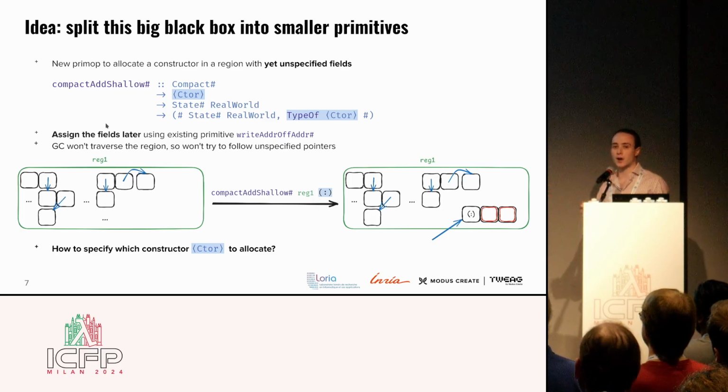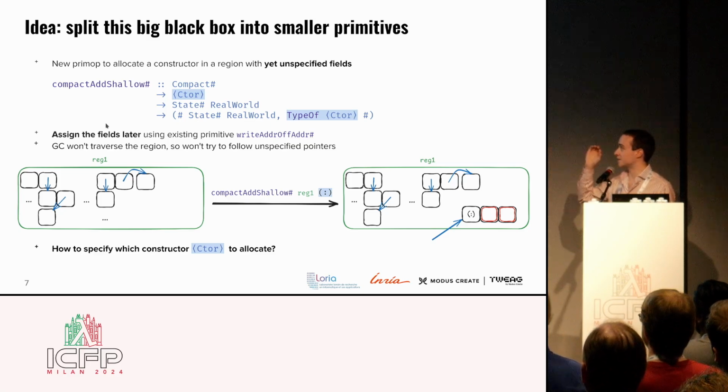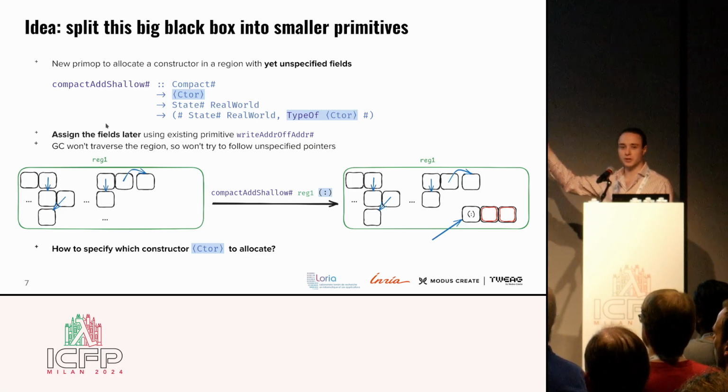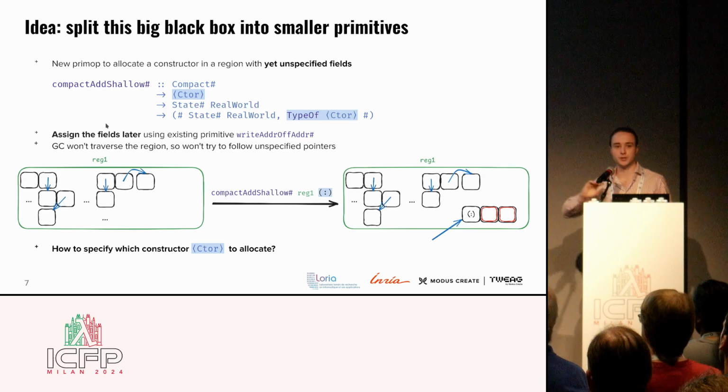And we will only write values to the fields later on using existing memory primitives. So that could seem very radioactive, but this is not really the case at the moment, because as I said, the garbage collector won't go looking into the region at the moment. So as far as the user doesn't try to read the structure before it is fully completed, then we are kind of safe. I mean, kind of.